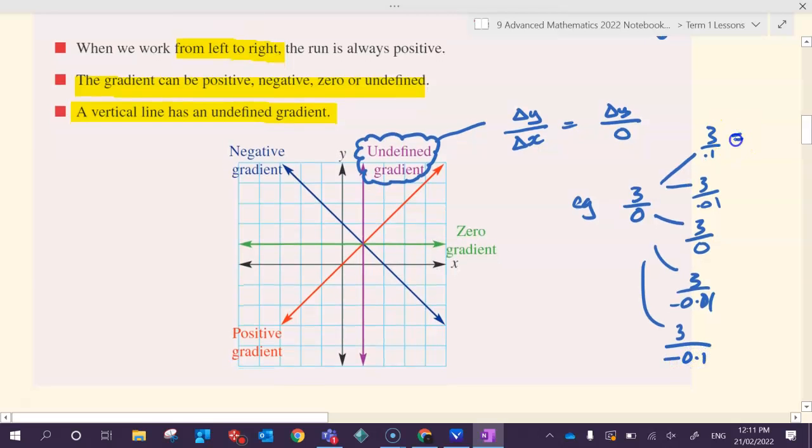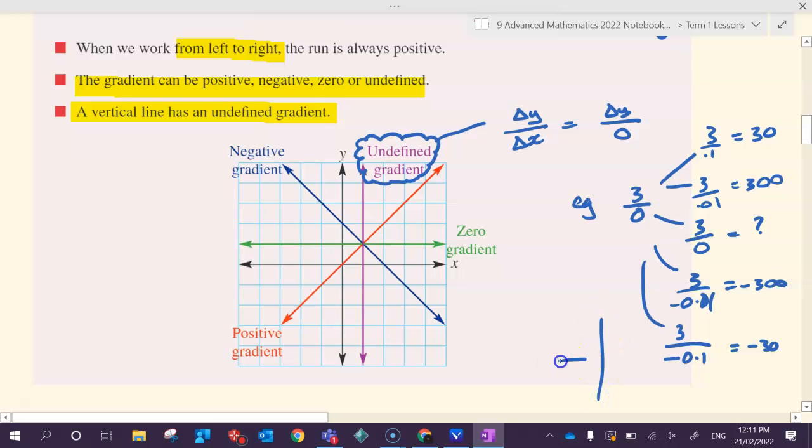And some of these we can work out. When I divide by 1/10, that's the same as multiplying by 10. I get 30. This is going to be 300. But when I'm coming the other way, if I divide by negative 1/10, I've got negative 30. If I divide by negative 1/100th, I've got negative 300.